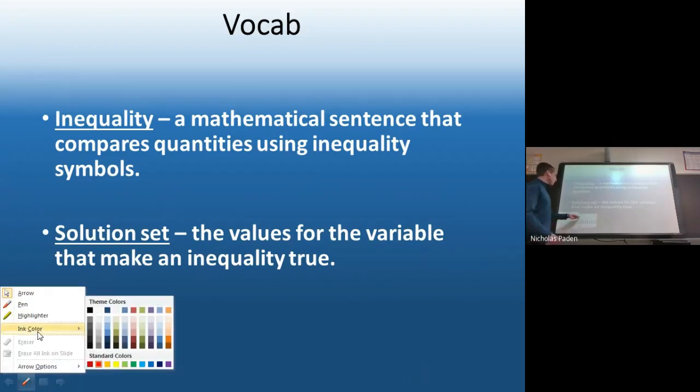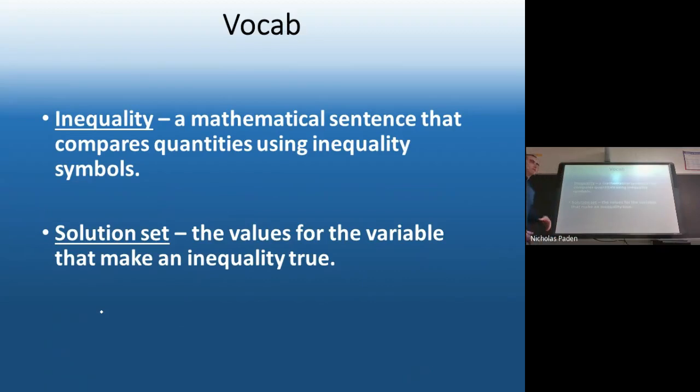So an inequality is set up the same way as an equation, except in an equation, all that we had was an equal sign. It was, 2x plus 4 equals 5, something like that. For an inequality, there could be 4 different types of symbols that we use instead of an equal sign. There is a greater than, there is a less than symbol.